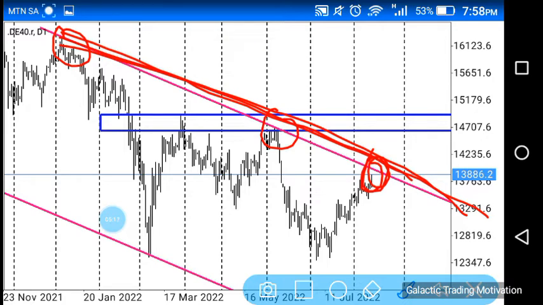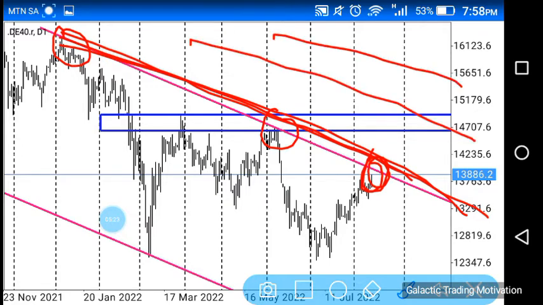And that is because, as I had previously said in my other video, when it comes to equidistant channels, retail traders have been taught to sell on the third touch of that trend line, right? So that's probably what's going to happen, and it may be a trap.